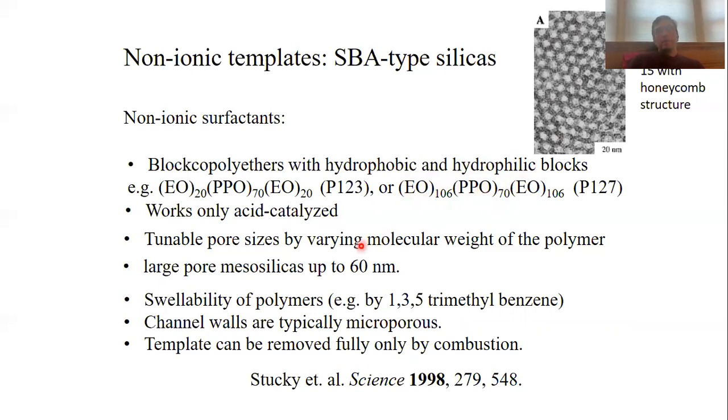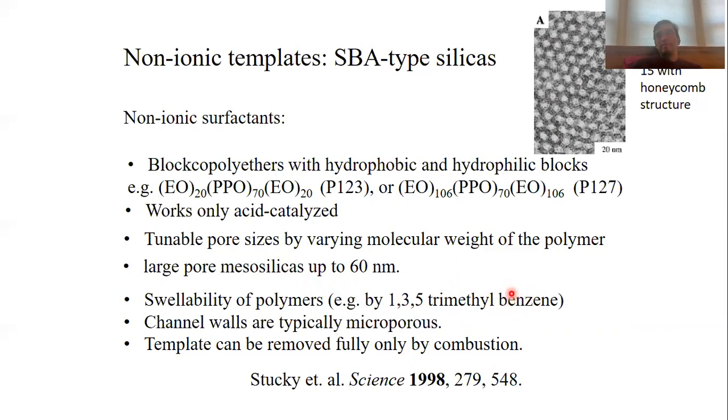So variation of the molecular weight of the polymer is one parameter that you can vary in order to tune the pore size, but it's not the only one. Another parameter is the addition of hydrophobic swelling agents. For instance, 1,3,5-trimethylbenzene can be used to increase the pore size further. Why does it increase the pore size further?